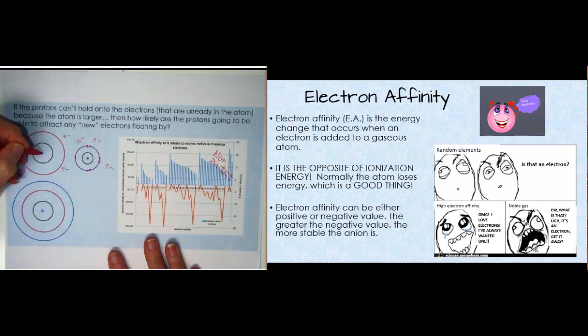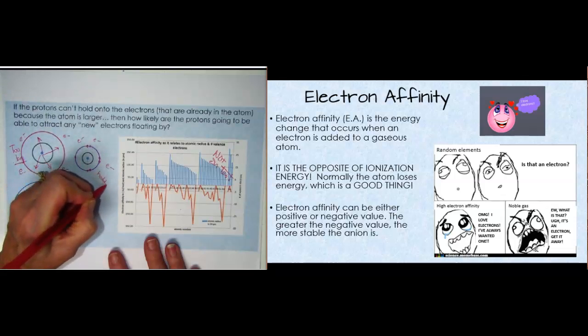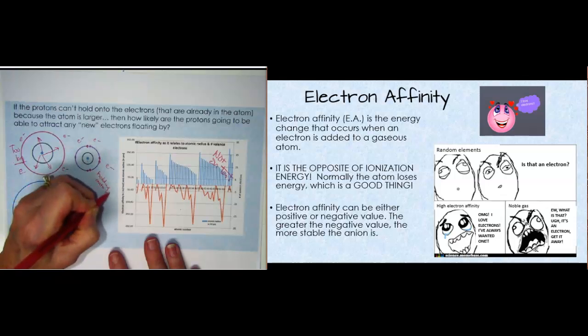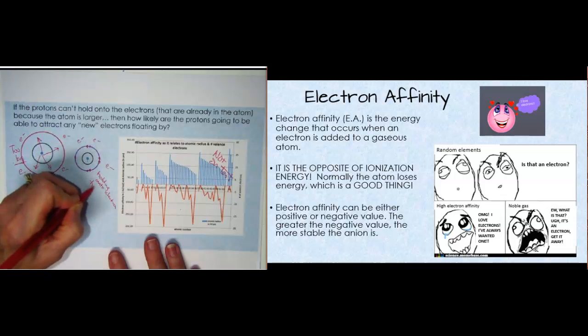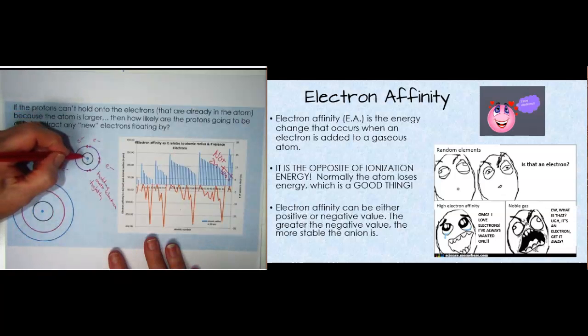The protons are trying to hold on. Protons can't hold on to these guys. This is too big. If it is too big to be able to hold on to its electrons, it's not going to be able to gather any. These guys, however, are holding on to electrons tightly. If they're holding on to electrons tightly, there's going to be room for them to come and get this guy and lasso him and put him right back there.